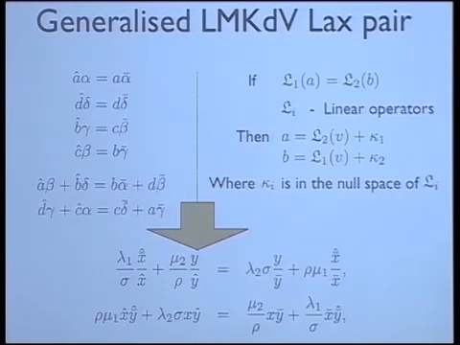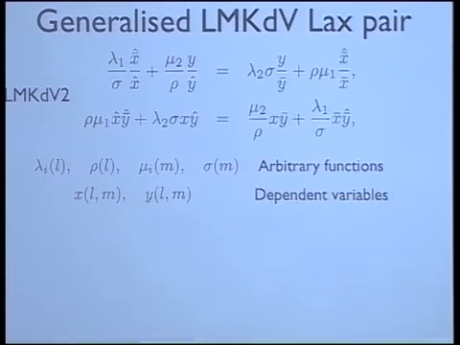So this is the set of equations that I know can be associated with LMKDV, and I want to see what else they can be associated with, and I get this. Let's have a closer look here. I call it LMKDV2. It's also known as Hayes' first law. And in there, I have x and y, two dependent variables in this coupled system of partial difference equations.